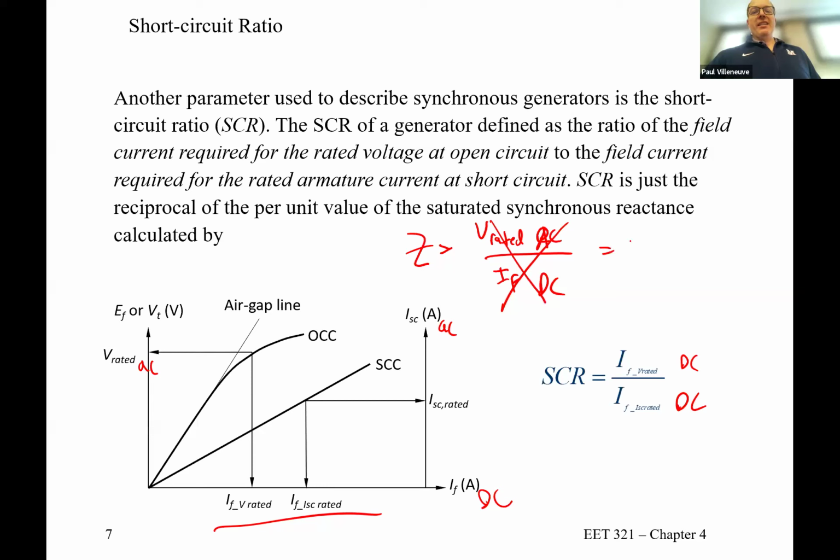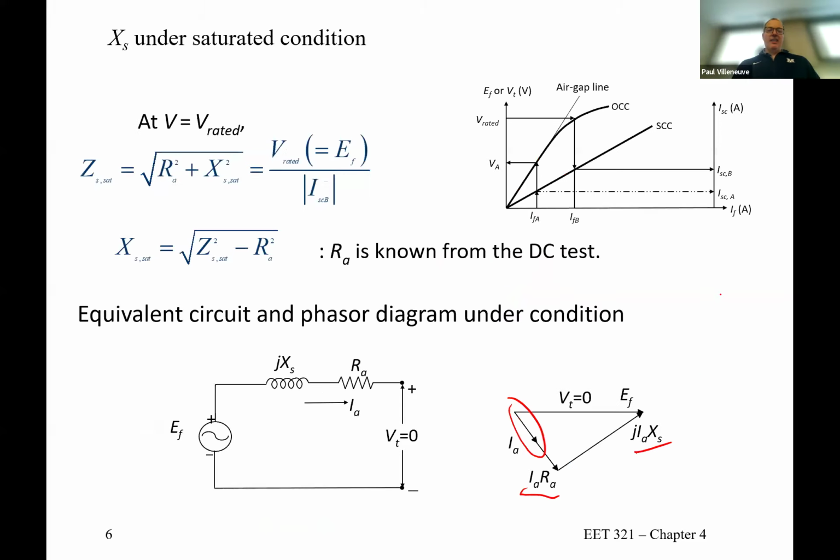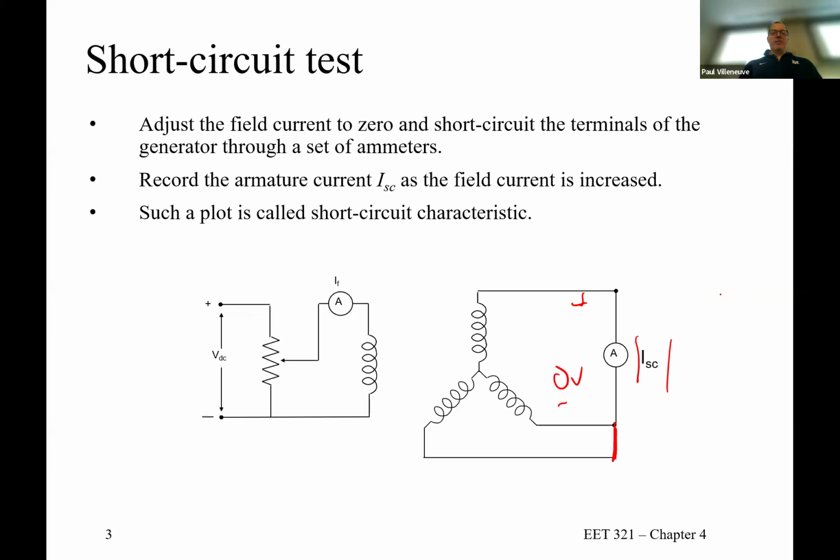So it's not that, it's V rated AC divided by I short circuit AC. Those have to be AC voltages. You can't divide AC and DC. And if that doesn't make sense, take a look at where my DC comes in. My DC is over here and my AC is over here. Their circuits aren't electrically connected to each other. They're completely independent from each other. So there's no way a DC current can have any impact on the impedance that you're calculating in the AC circuit.